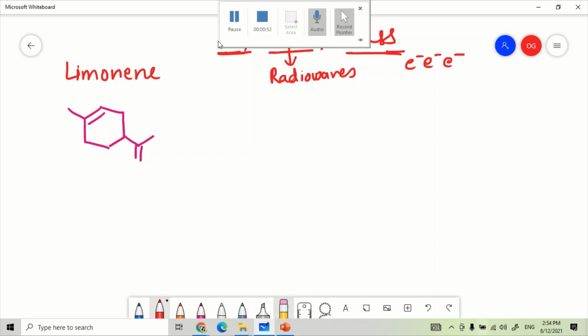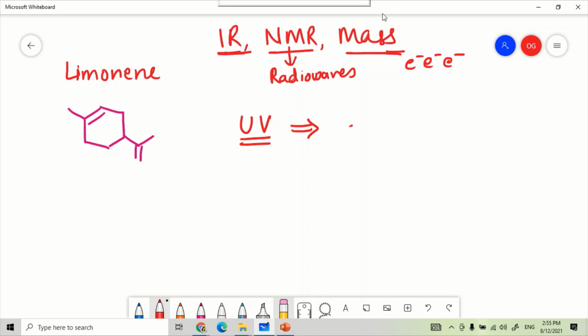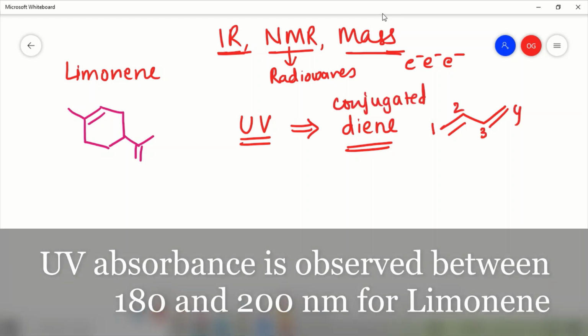So let us quickly start with UV, the simplest technique, where UV radiations are bombarded onto the sample. And we know here that for any compound to absorb UV radiations, a minimum conjugated diene system, like 1,3-butadiene, so these are 1, 2, 3, 4, has to be there, and it has a base value of 217 nanometers.